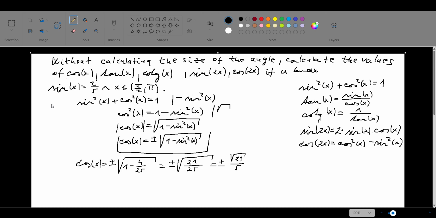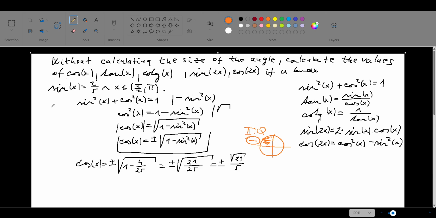Now we have to decide if the value is positive or negative. To make this decision, we will use the fact that our angle is from the interval pi/2 to pi, and for this we will use the unit circle, which says that our angle is in the second quadrant, and in the second quadrant the cosine function is always negative.